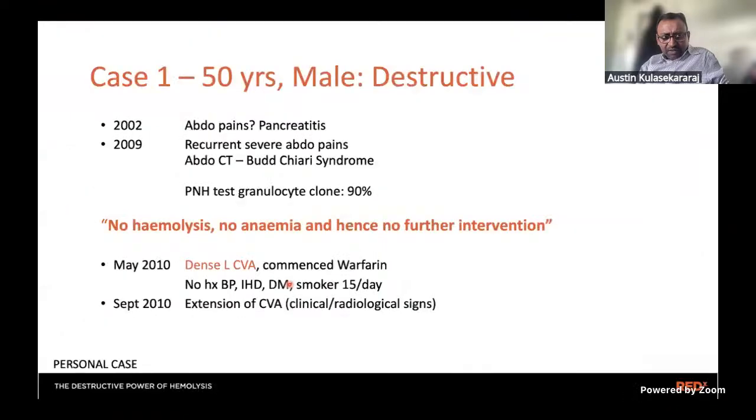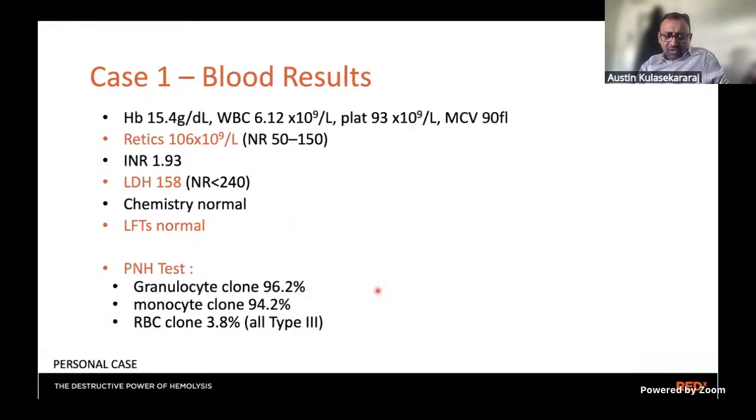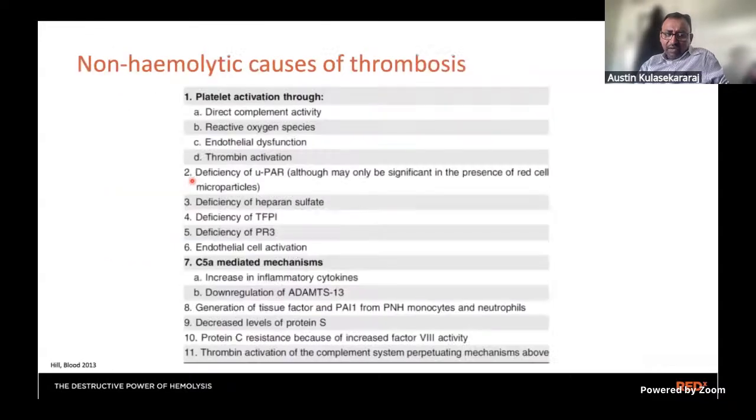I think I'll skip these ones. Some of these thromboses, I still vividly remember this patient from a long time back, who had recurrent episodes of thrombosis and had a dense cerebrovascular accident with an expansion of the stroke as well, with a large clone. But he's one of these very, very rare patients. I don't want you to get confused, but there are very occasional patients who have a large granulocyte and monocyte clone but don't have a red cell clone, so they don't have hemolysis as the reason for their thrombosis.